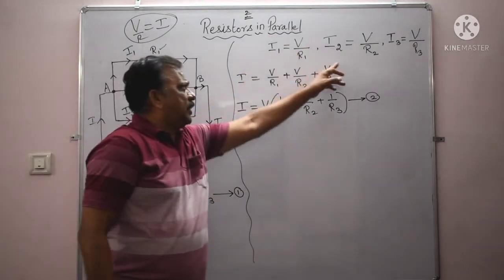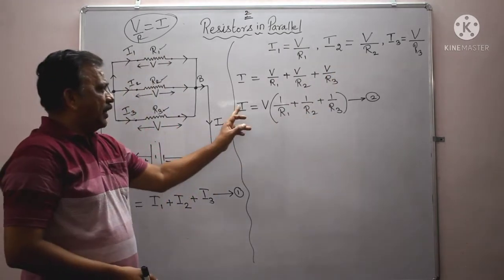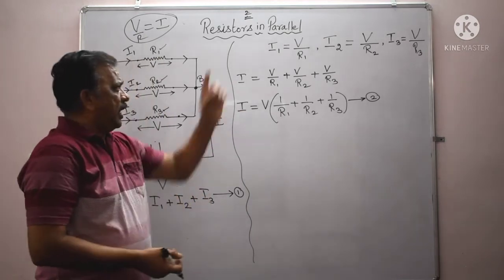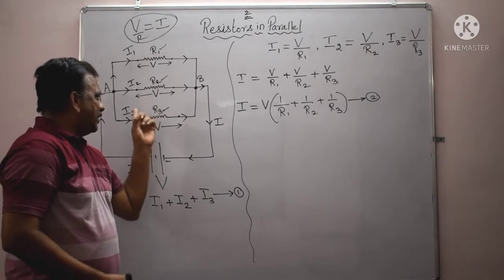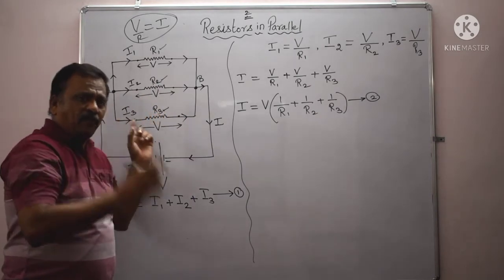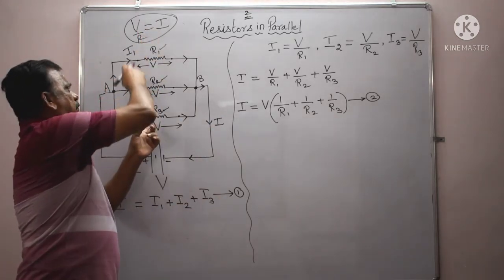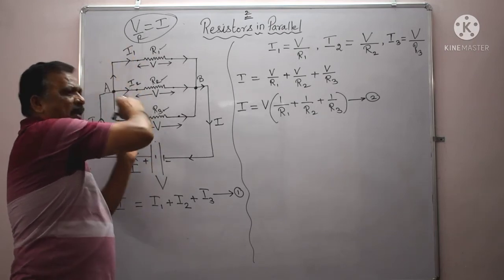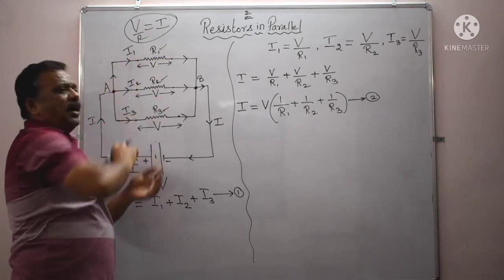The individual currents we have written in terms of R1, R2, R3. In the same way, we have to express the total current in terms of resistance. See, I1 is the current flowing through R1. I2 is the current flowing through R2. I3 is the current flowing through R3. So what is I? I is the current flowing through the combination of R1, R2 and R3, because I1 plus I2 plus I3 gives me I. So I is the total current flowing through the combination of R1, R2 and R3.